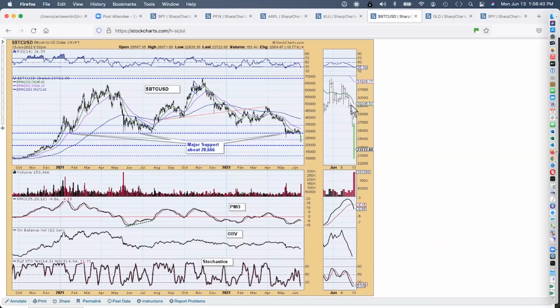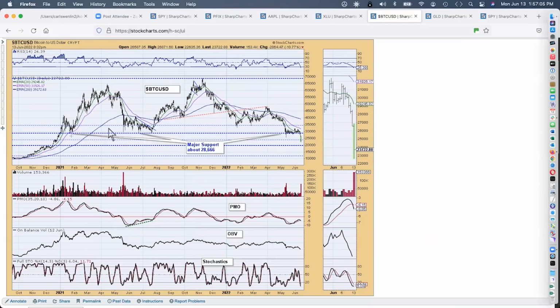So it actually dropped about 20% since the close on Friday. And I've been talking about this being major support right around 28,666. And yes, it handily broke through that, as I say, Saturday and Sunday, and then today just continued on.